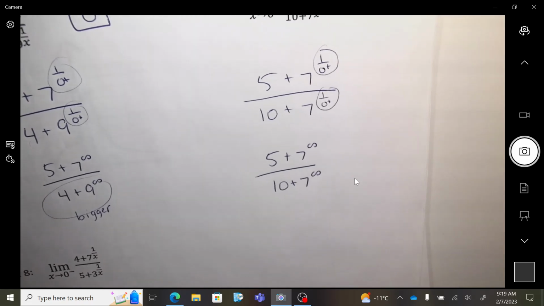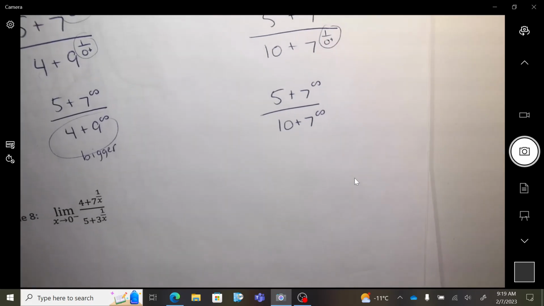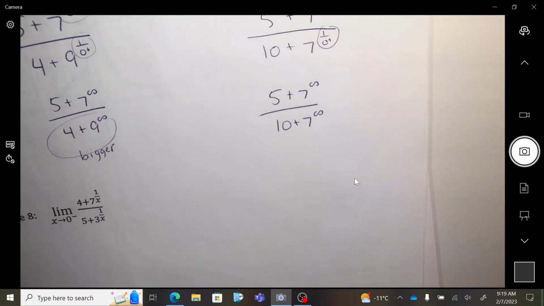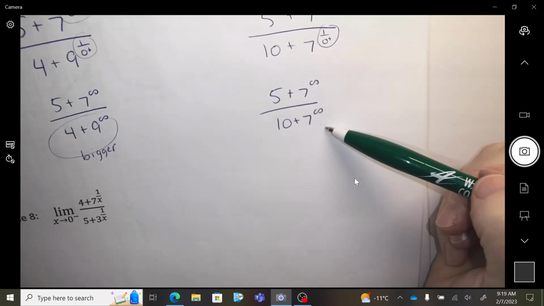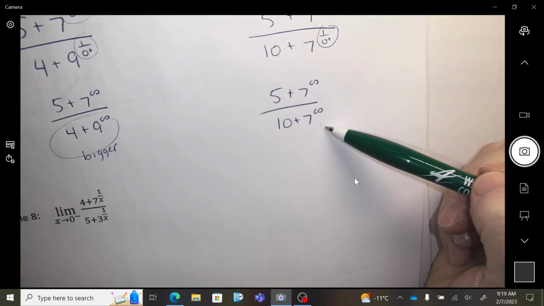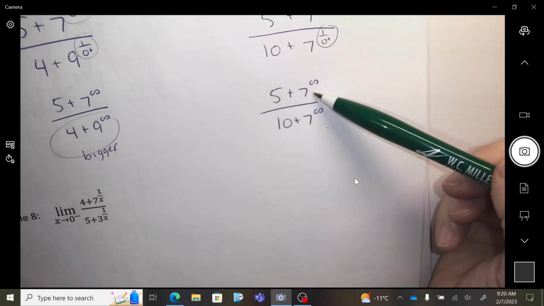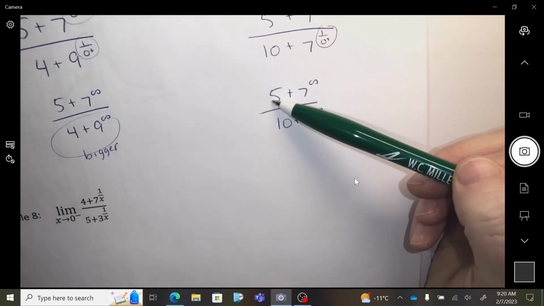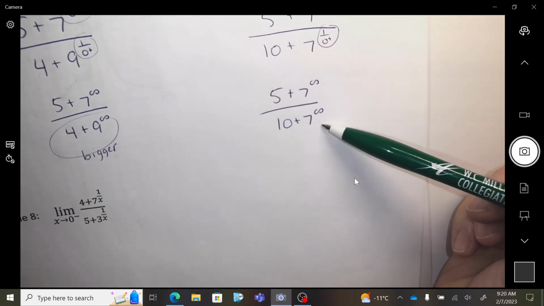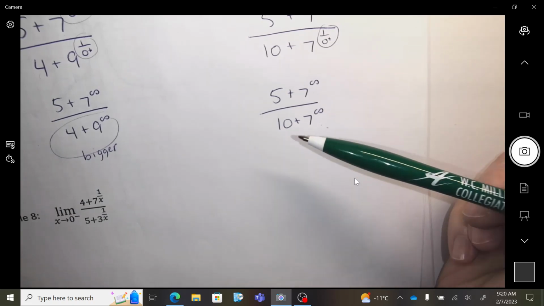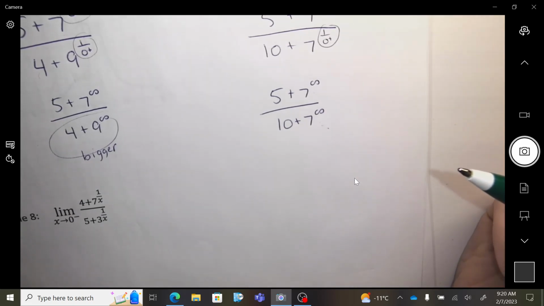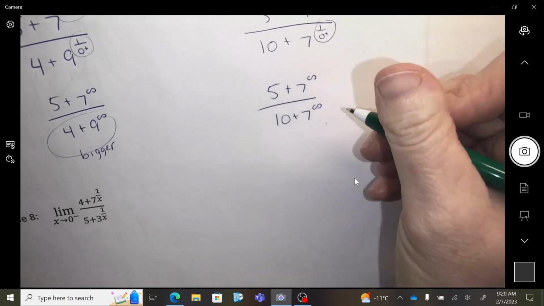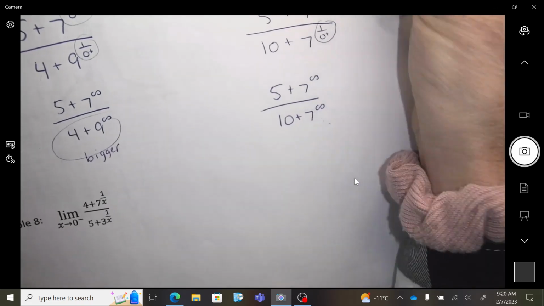This one's a little bit tricky. So this is the same rate, right? So what happens? What do you think? This is going to be like, let's say, 7 billion and 5. This would be 7 billion and 10. What would that divide to? 1. Yeah, 1.